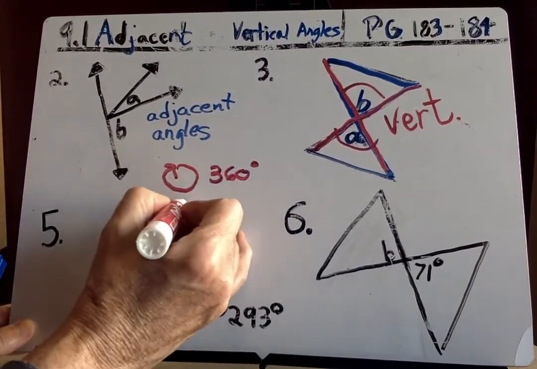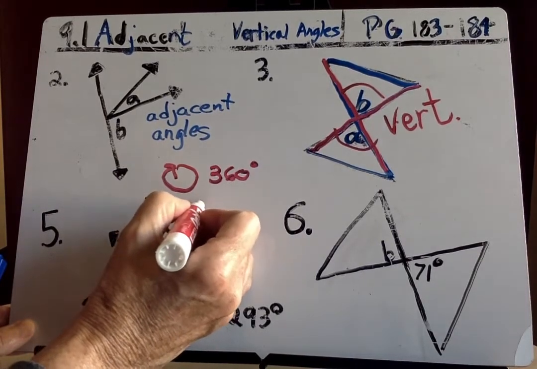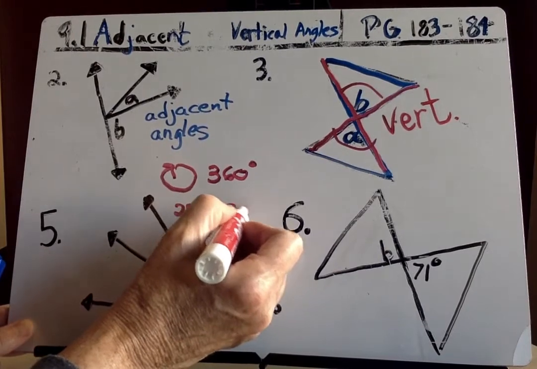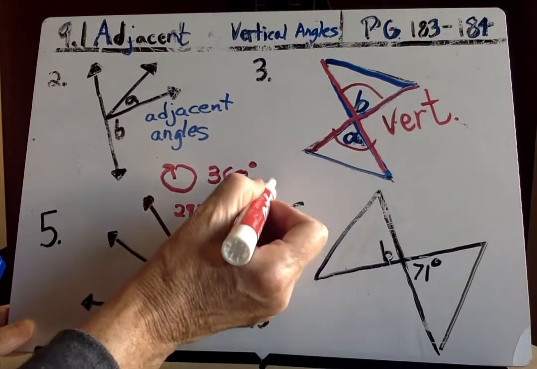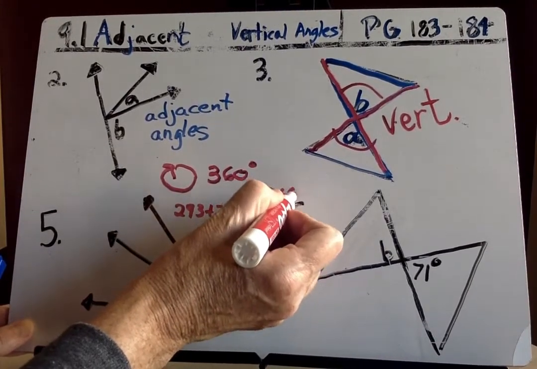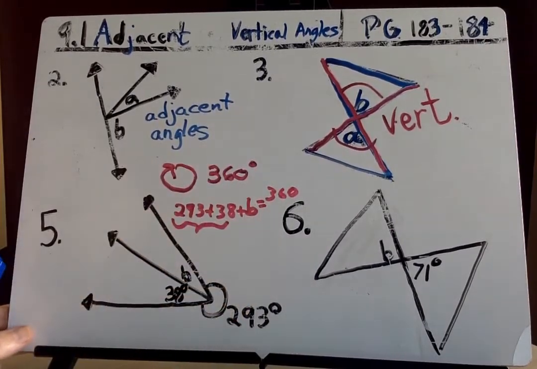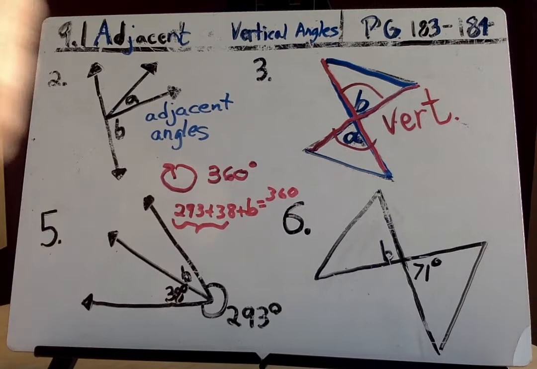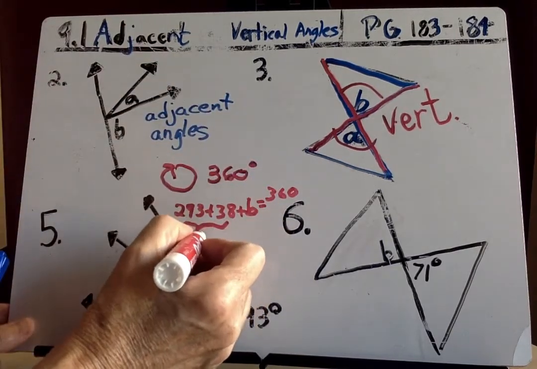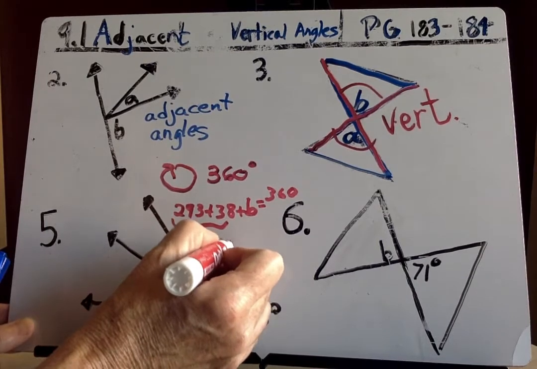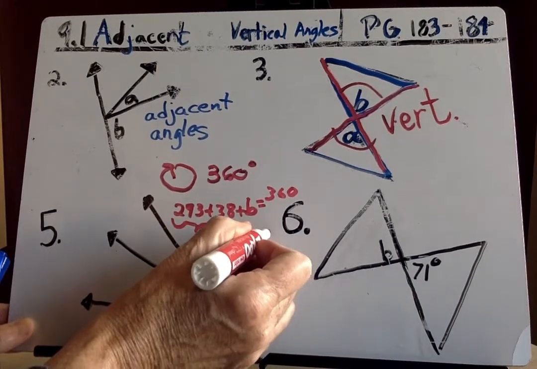So if I say 293 plus 38 plus B, that should equal 360. Okay, so I'm going to combine 293 and 38, and that's going to give me 331. So 331 plus B equals 360.